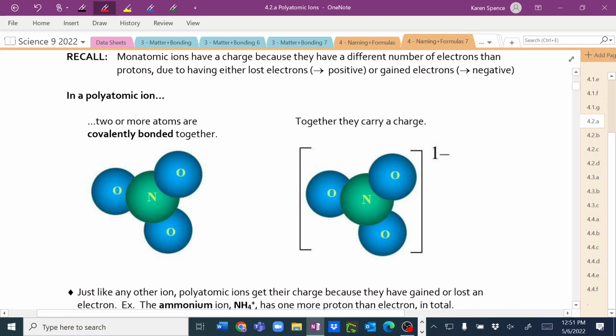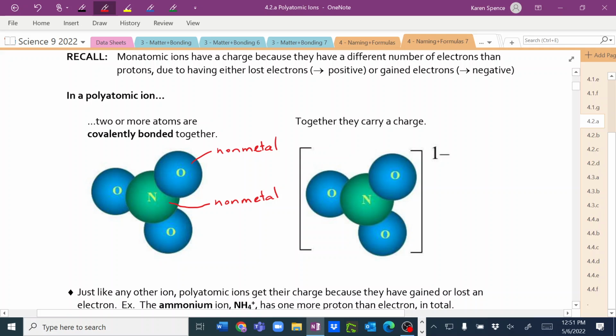In this particular example, we have nitrogen. What kind of an element is nitrogen? It is a non-metal. And we also have 3 oxygen atoms. What kind of element is oxygen? Also a non-metal.